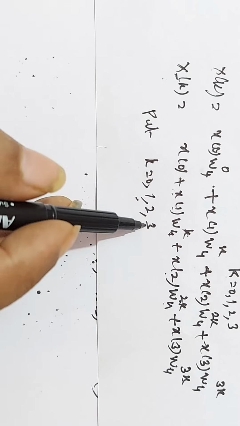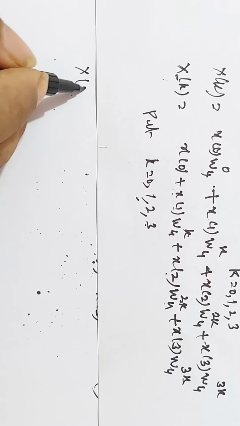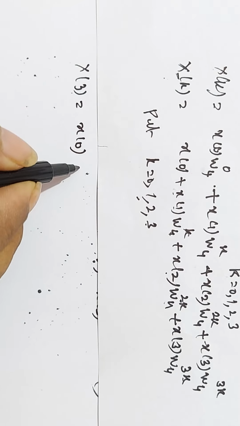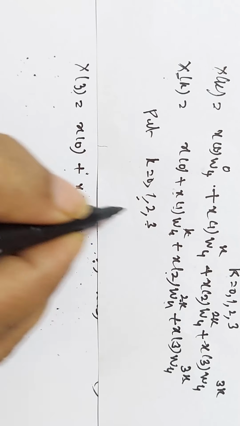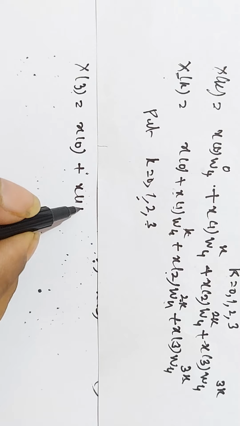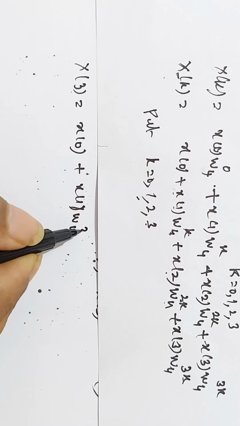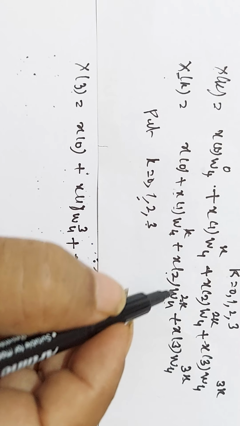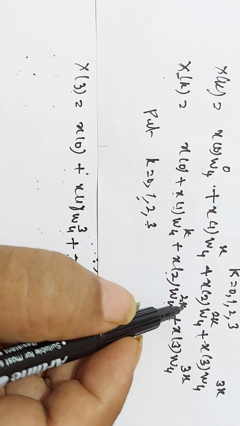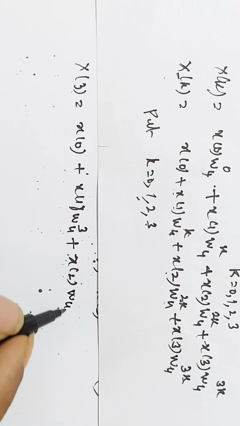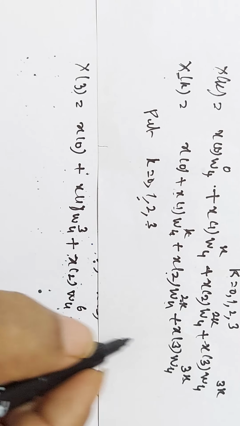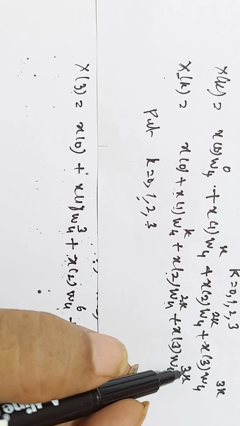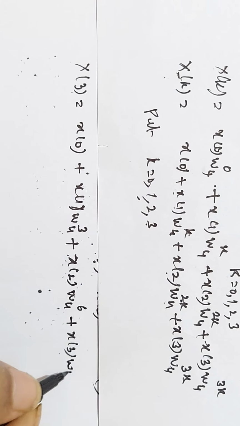Therefore, when k equals 3, this becomes X of 3 is equal to x of 0 plus x of 1 into W4 k equals 3, therefore this is W4 3, plus x of 2 W4 k equals 3, 3 2s are 6, this is W4 6, plus x of 3 W4 k equals 3, 3 3s are 9, this is W4 9.